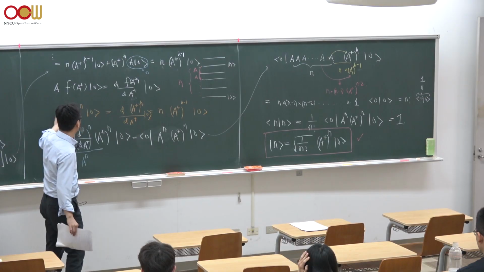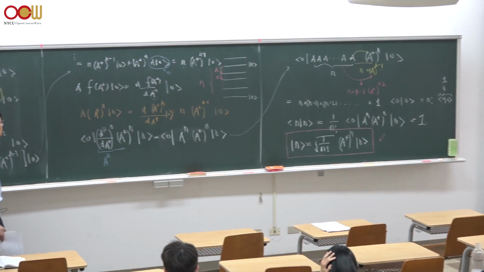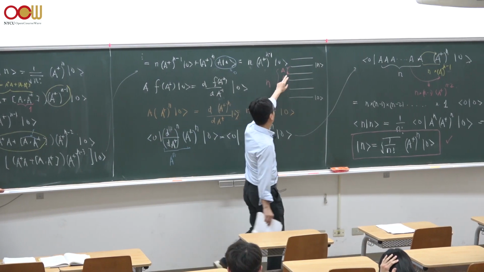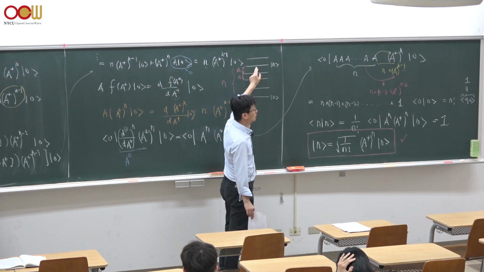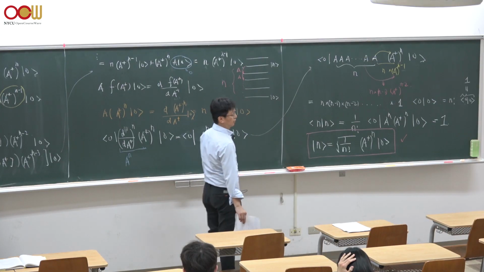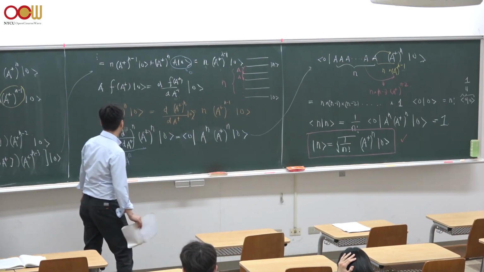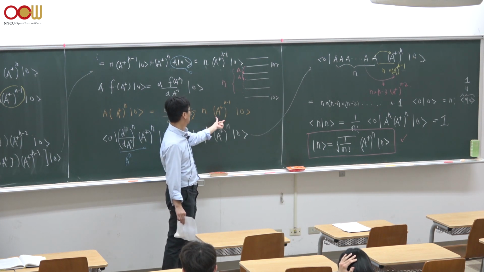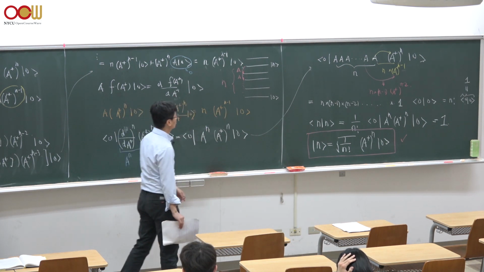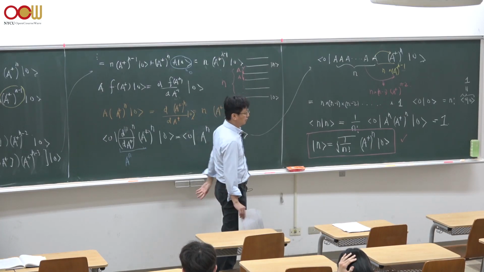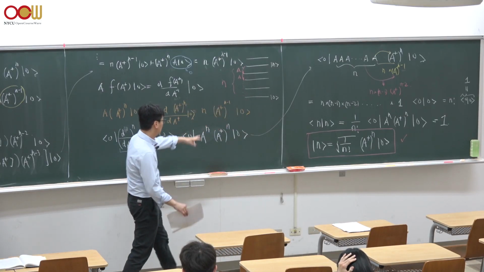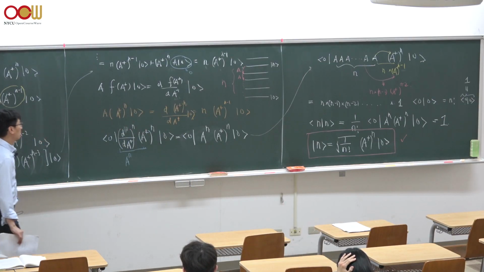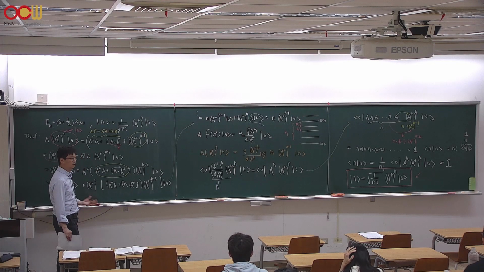So we're done. We successfully derived this prefactor, the normalization factor, square root of 1 over n factorial. Based on this kind of algebra, when we apply this a operator or lowering operator on this nth floor, we get to the n minus 1 floor. But of course, the price to pay is that there's a prefactor in front of this n minus 1 state. Okay, so then we could just do it one by one until we hit the ground floor by applying n multiple so-called destruction operators or lowering operators.